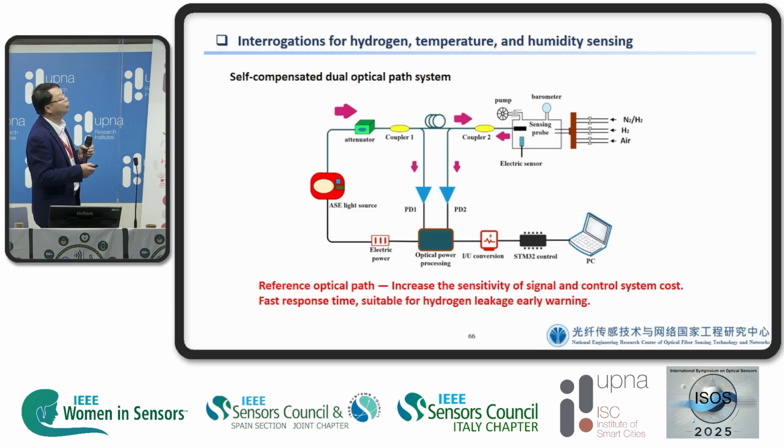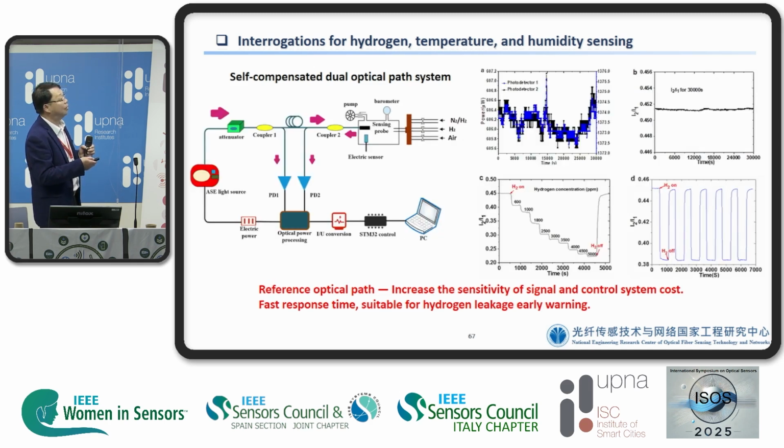That's possible. And also we especially use the dual path with the compensated system for the hydrogen measurement, and this is a very good result for the hydrogen measurement, especially with optical heating.